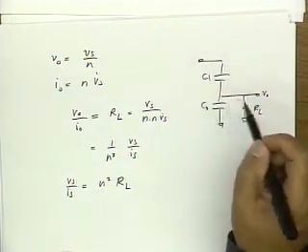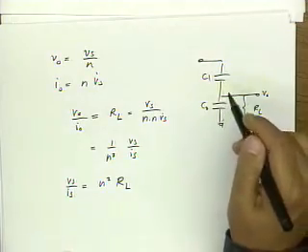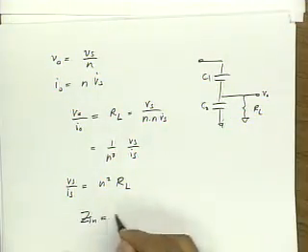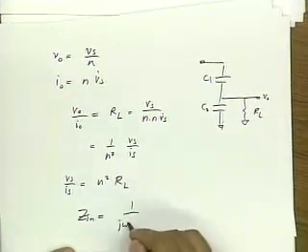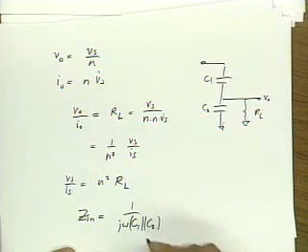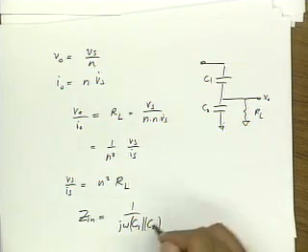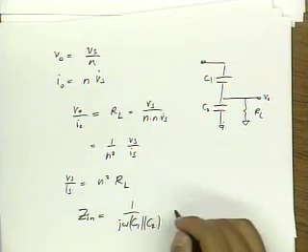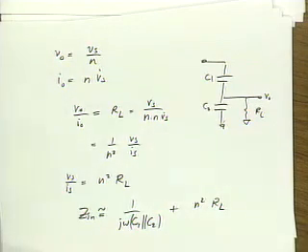Now remember, we started out by saying the capacitance part actually dominates. So really, Zin looks like the series capacitors, so it's 1 over j omega C1 C2 series combination. This is the operator, not necessarily two caps in parallel, plus N squared times RL.